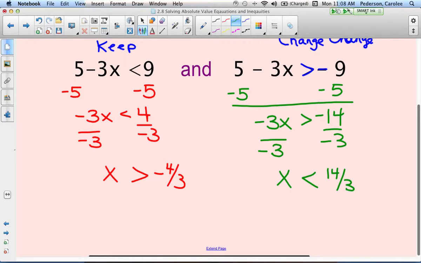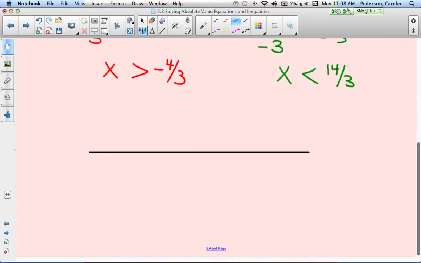Then we could take our time and graph this inequality out on a number line. So we have 0 here. Remember, this is x greater than -1.3 repeating. And this is x is less than 4.6 repeating.